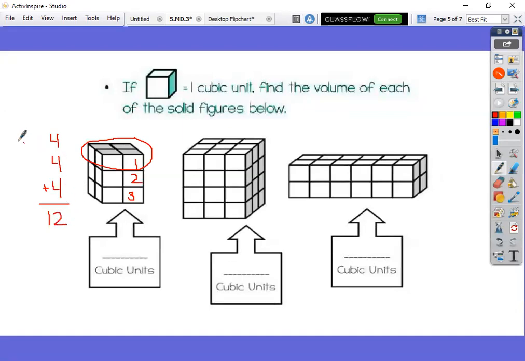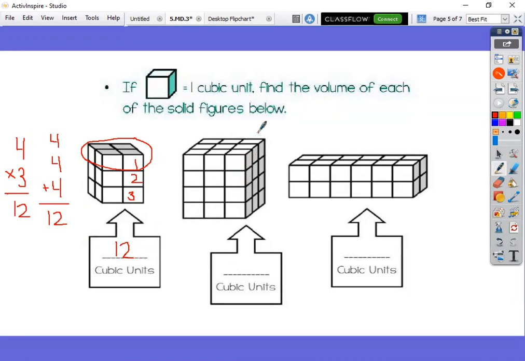I can also use what I know about multiplication and take 4, the number of cubes in 1 layer, multiply it by the number of layers, which is 3, and also get 12. So the volume of this solid figure would be 12 cubic units.